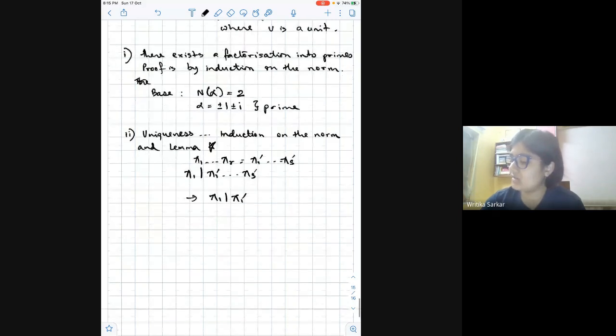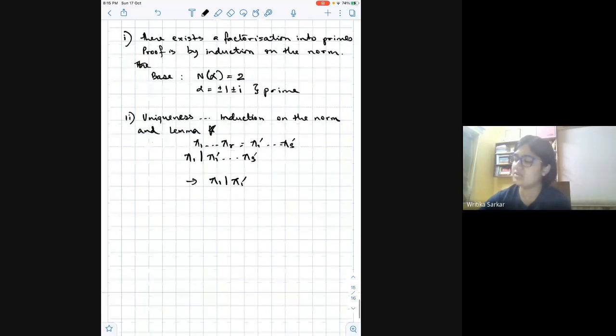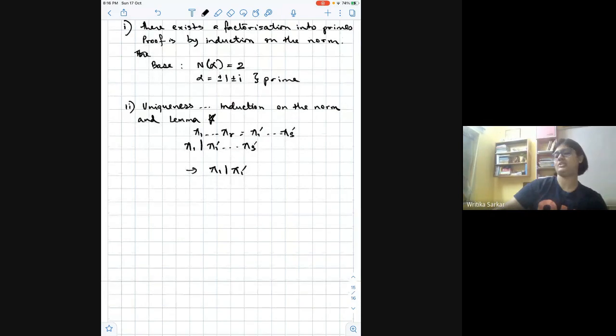And then you cancel out the pi's, and you'll be left with units, and then you can use induction on the rest of the products that you have, and this is going to actually prove unique factorization.